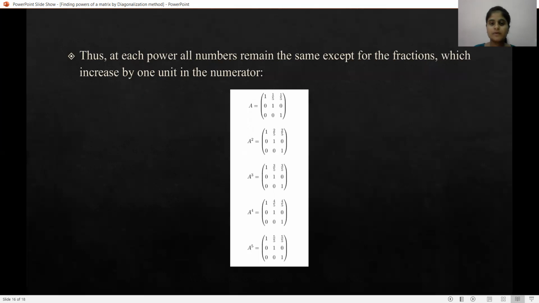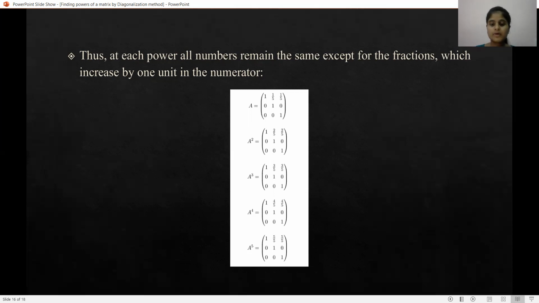Thus, at each power, all the numbers remain the same except for the fractions, whose numerator increases by 1 unit. As you can see here, in A square it becomes 2 by 5 and 2 by 5. In A cube, it becomes 3 by 5 and 3 by 5. In A to the power 4, 4 by 5 and 4 by 5.